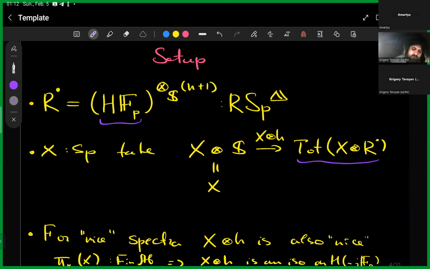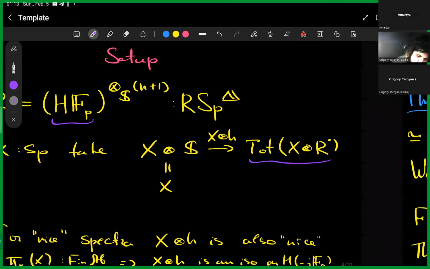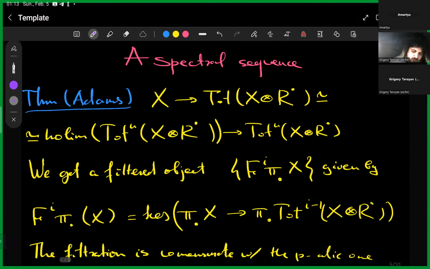So the idea is that the Adams spectral sequence recovers information about homotopy groups of some spectrum from the information about homology of the spectrum, and let's formulate how precisely this works. Assume that we have a morphism like this from X to the totalization of this co-simplicial ring spectrum.